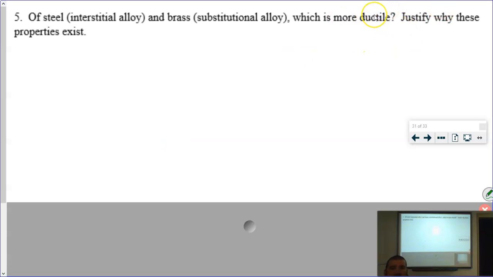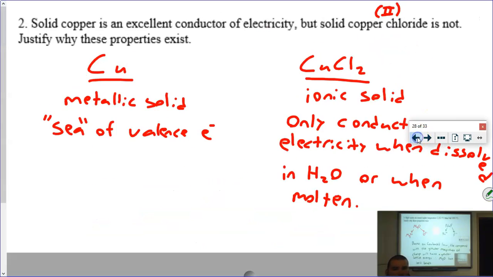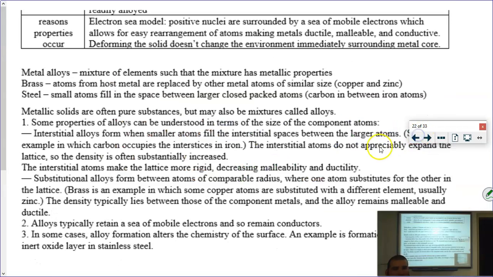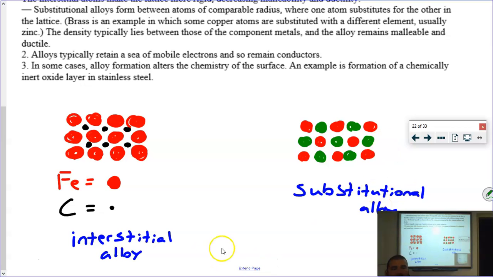Now, the term ductile means that you're drawing your metal into a wire or making it into a wire and molding it, right? So let's go back to those pictures that I had right here. And think about this, because I think you can get the answer to this. Here's my interstitial. Here's my substitutional.